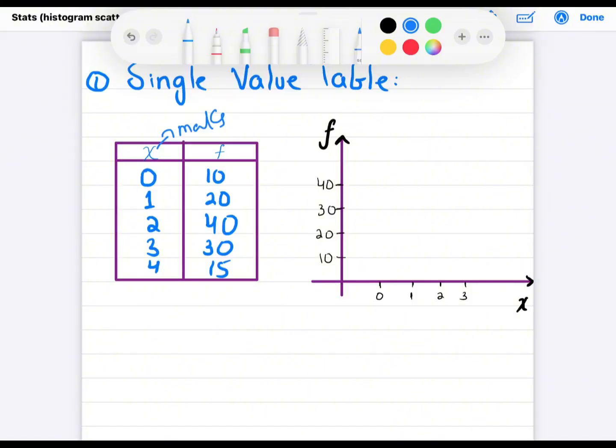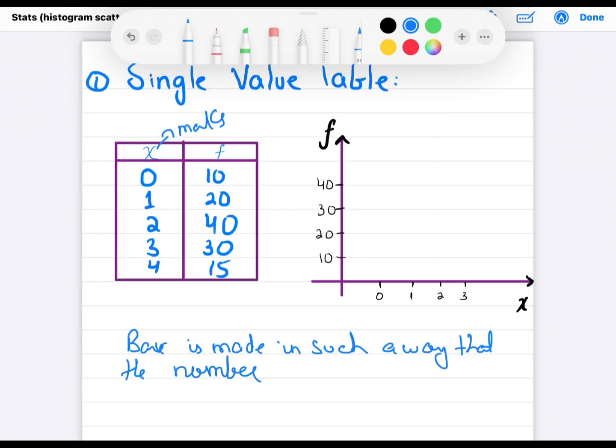Now, in single data, when we have a single value table, one important point is that the bar is made in such a way that the number on the x-axis is in the middle of the bar.